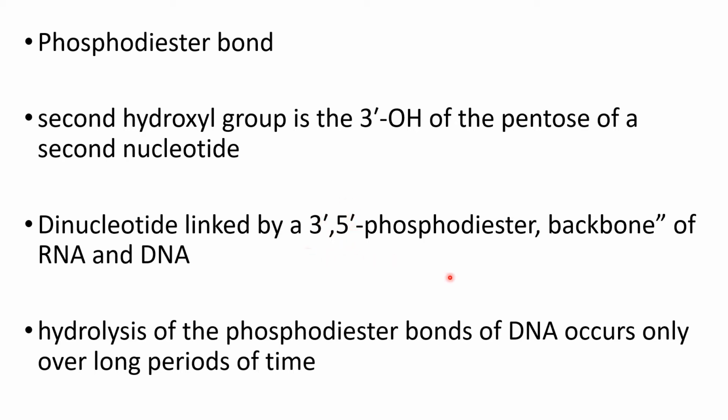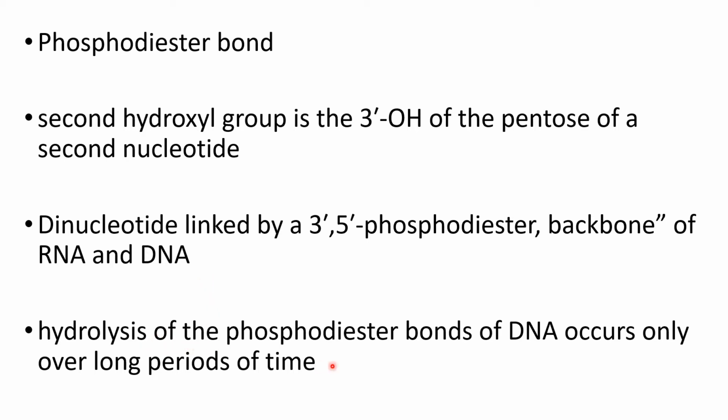The phosphodiester bond is directional, in the 3' to 5' direction, and it forms the backbone of RNA and DNA. RNA and DNA are the types of nucleic acids, ribonucleic acid as well as deoxyribonucleic acid.